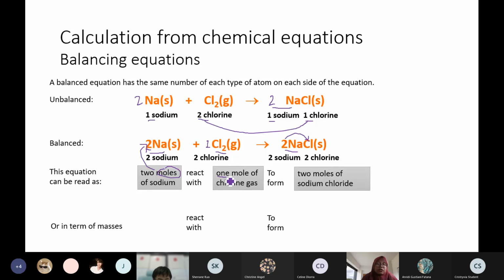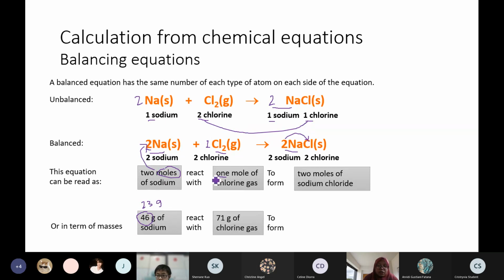Or in terms of mass, it will be 46 grams. Why 46? Because there are 2 sodium atoms, and 1 sodium atom equals 23 grams. Then how about chlorine?